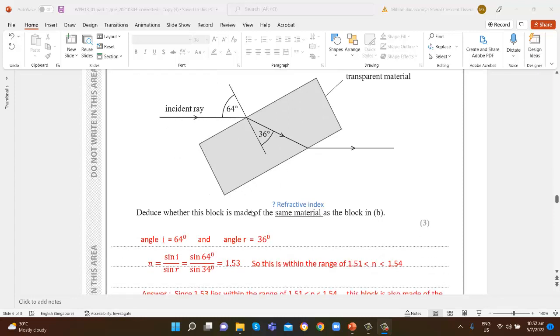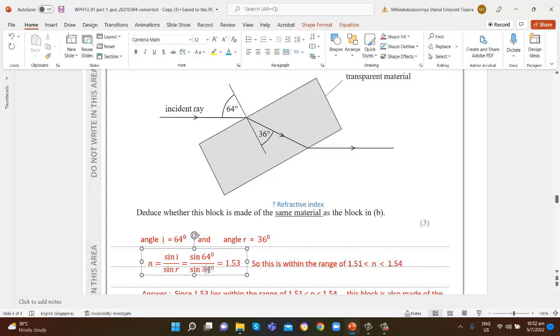You have to go to sin I over sin R. Sin 64 divided by, sorry, angle R is 36, so sin 36. Okay. This should be sin 36.